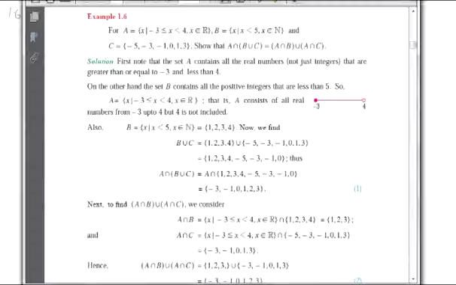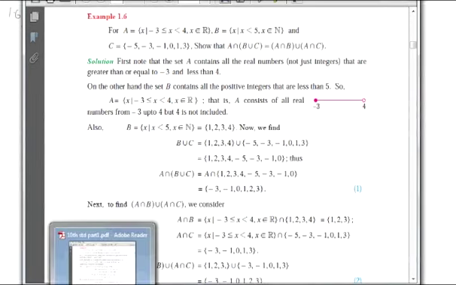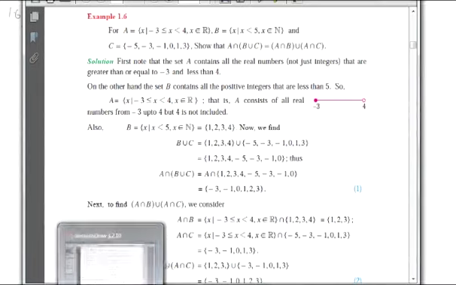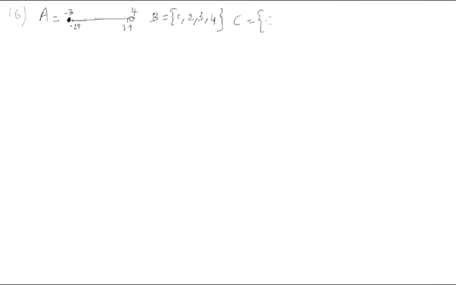What is set B? Set B we saw is 1, 2, 3 and 4, because it was a set of all x where x was less than 5 and x was a natural number. Then what is set C? Set C is -5, -3, -1, 0, 1, 3.